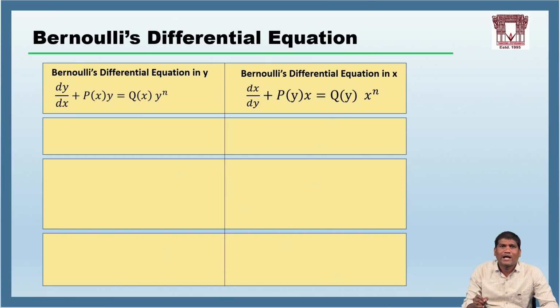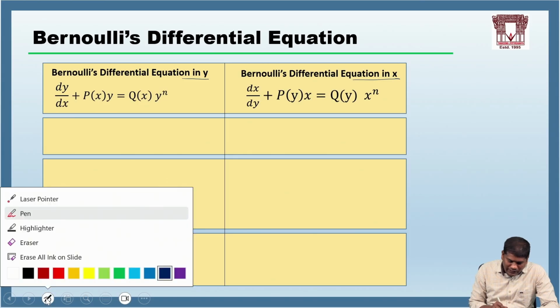Here I wrote two types of Bernoulli's differential equations. One is Bernoulli's differential equation in y, and another one is Bernoulli's differential equation in x. dy by dx plus p of x into y is equal to q of x into y to the power n.